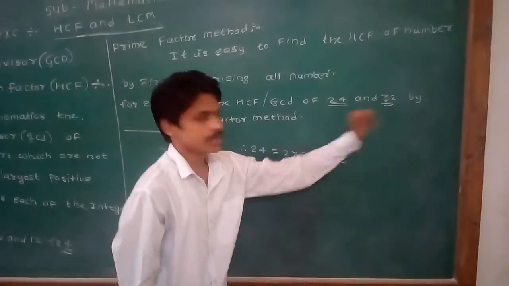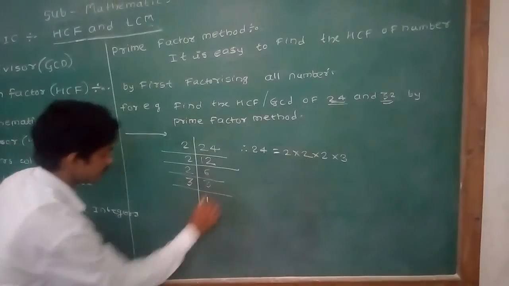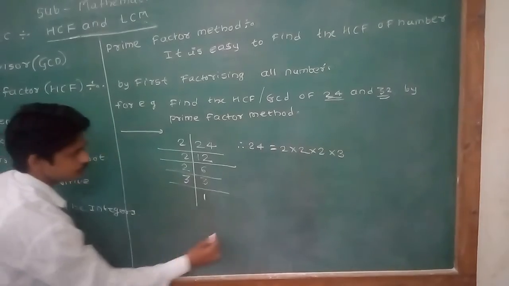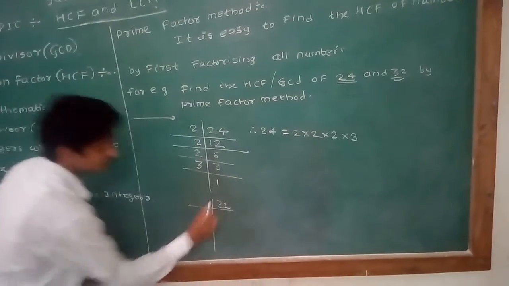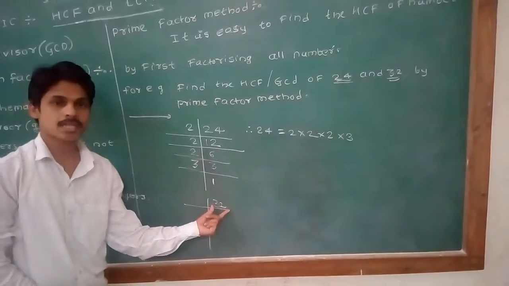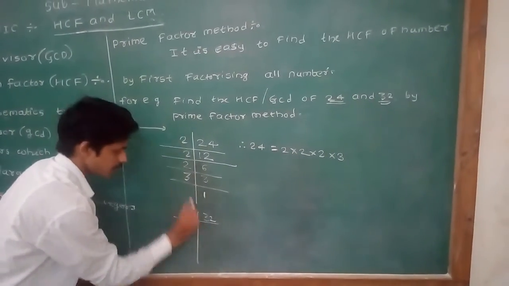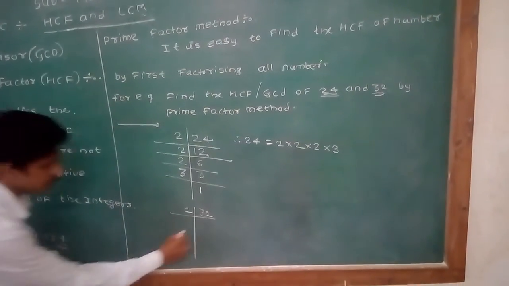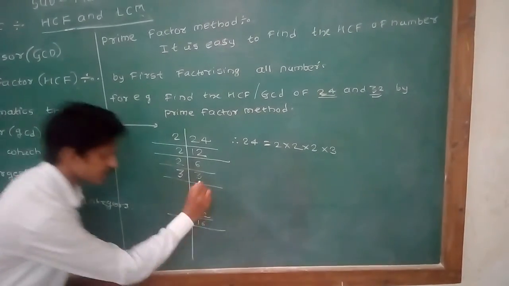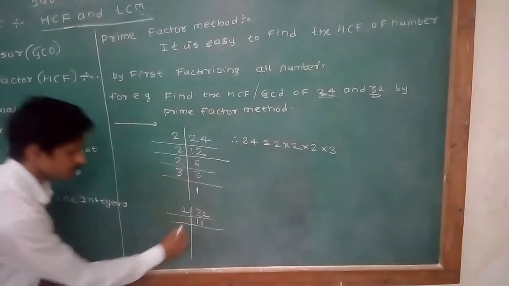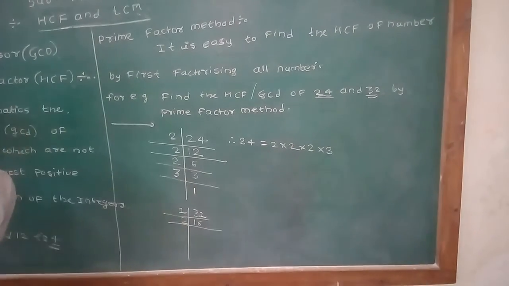Now next is the number 32. 32 is also an even number, so we divide 32 by 2. We get 16. 16 is also even, so we divide by 2.